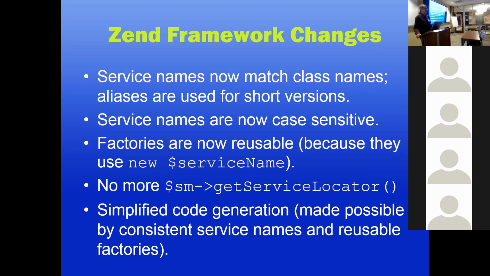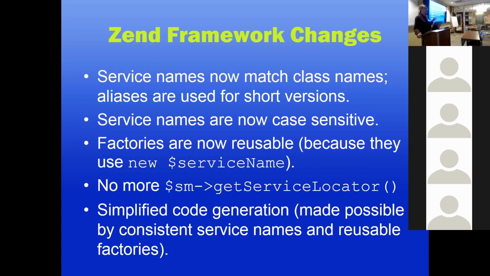So, for example, there's a plugin manager for managing the ILS drivers. When VuFind wants to connect to an integrated library system, it says, service manager, please give me the ILS driver plugin manager. Then it gets that plugin manager, and then it says, plugin manager, please give me the ILS driver that I need. So there's always been this two-tiered idea of a top-level service manager with special purpose plugin managers inside it.